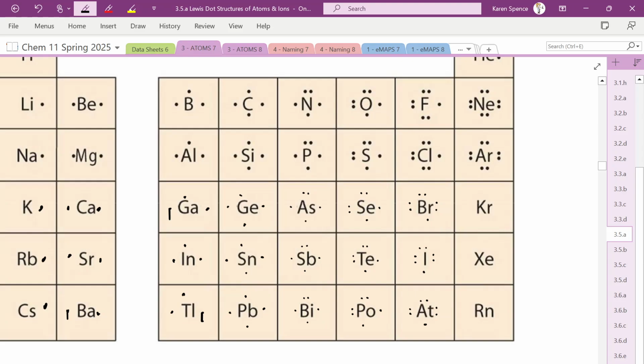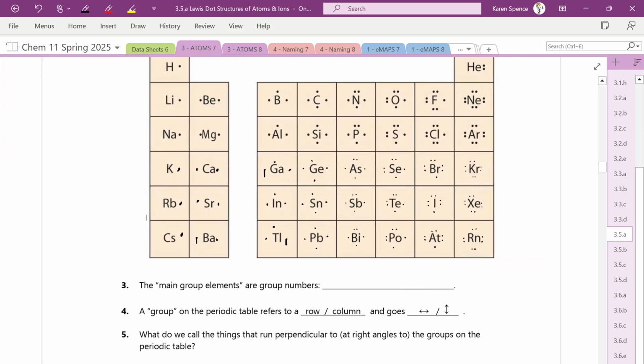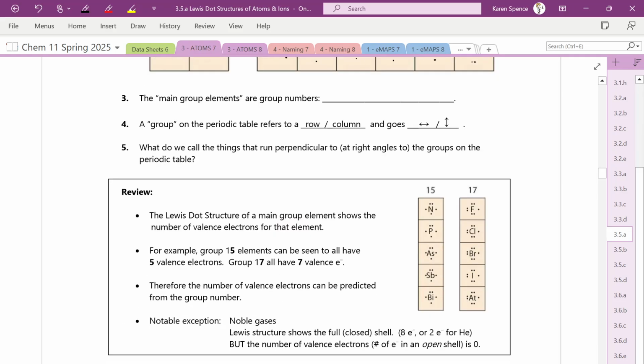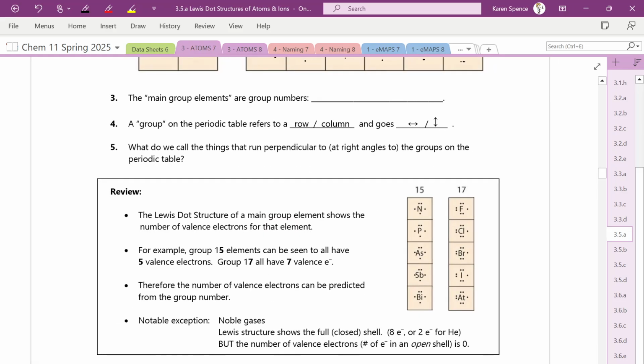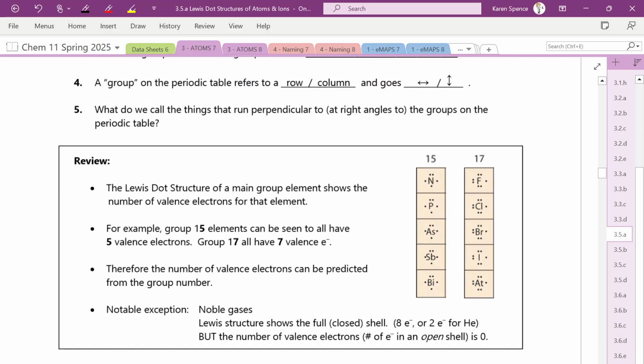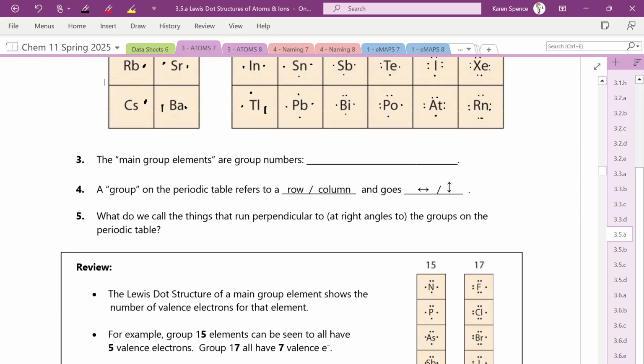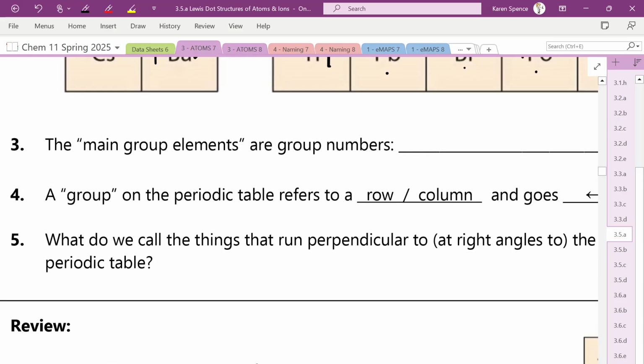Okay, we get the general idea. Yay. We're not going to answer all these questions. I'm going to leave that for you to do for homework. All of them. So you're going to go, oh, the main group elements are group numbers.